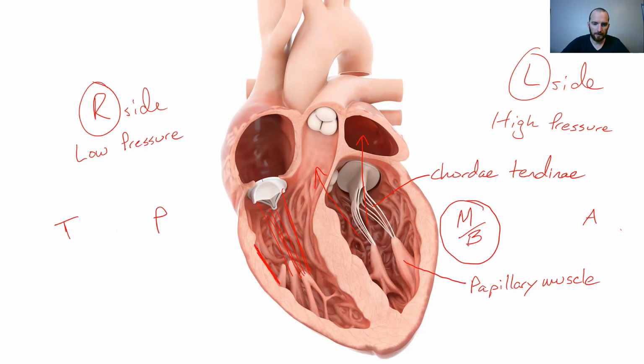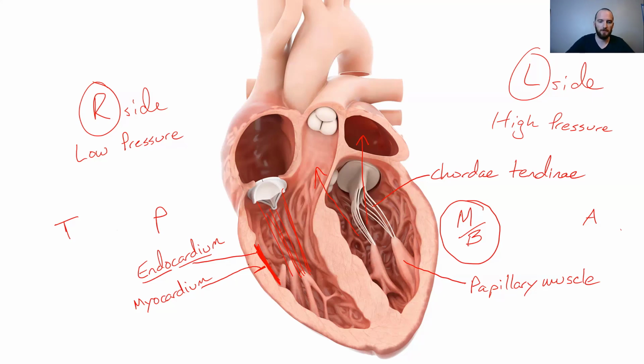So the little membrane layer lining the inside of the wall of the heart is the endocardium. Endo is inside, cardium references the heart. And then we have the big wall of the heart, that big centerpiece, and that's the myocardium.